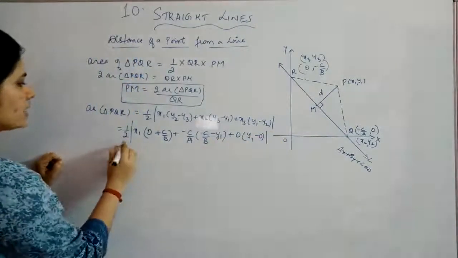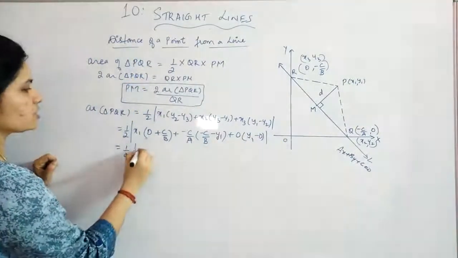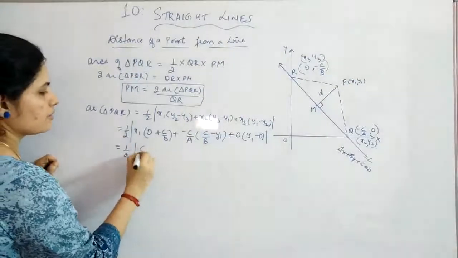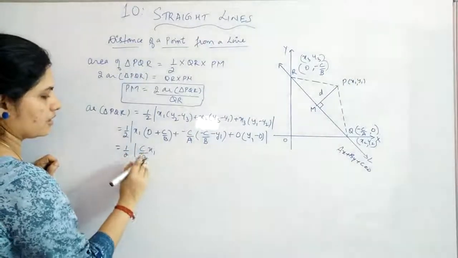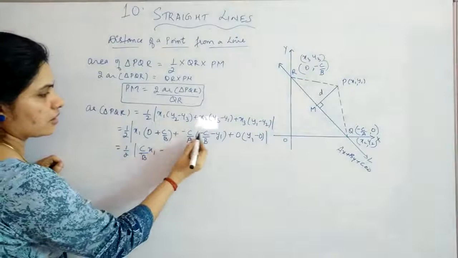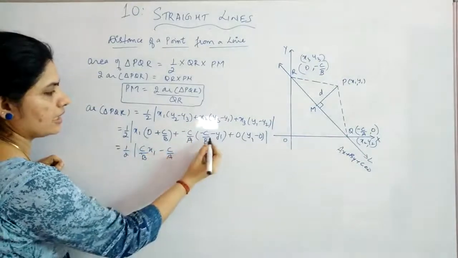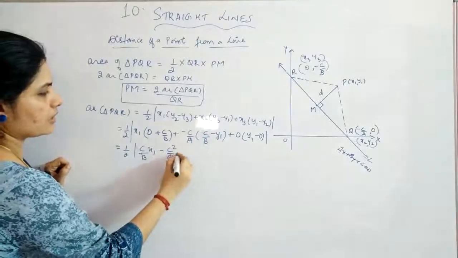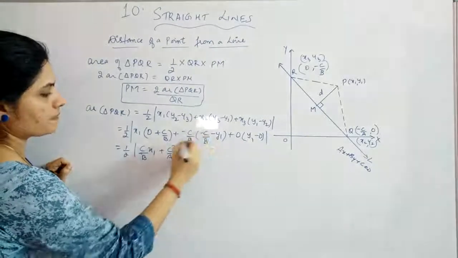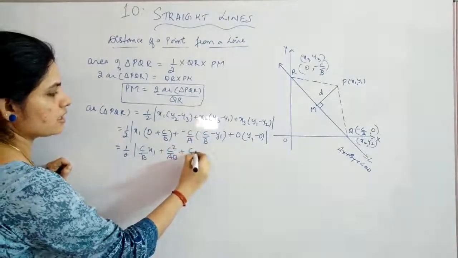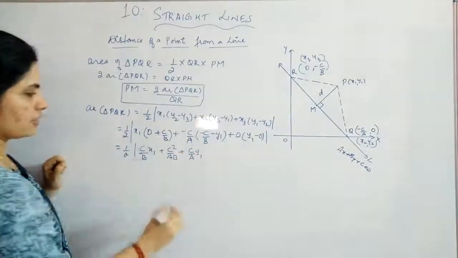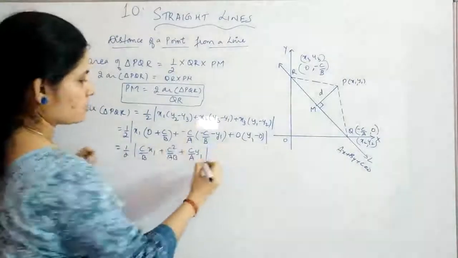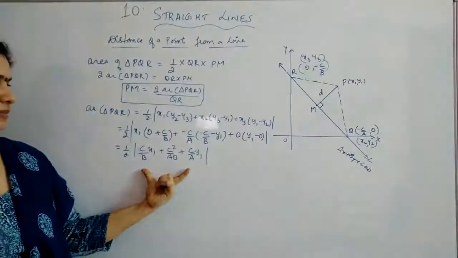That means you get the area to be half into x1 c by b. Here you will have minus c by a into minus c by b, which gives plus c square by ab, and this will give you minus c by a y1, and here it is 0. These are the 3 terms you get after expansion, right?